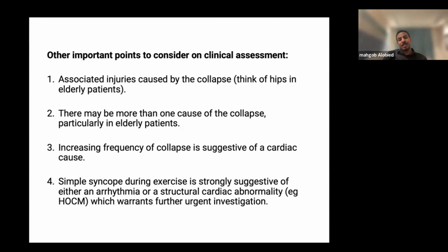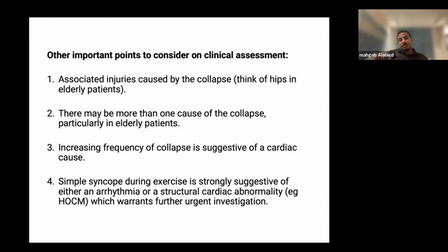This is highly suggestive of a cardiac cause, so take it seriously. Also, exercise-related or exertional syncope is always serious, even with one single episode. That is very serious. It can indicate arrhythmias or a structural heart abnormality like HOCM.